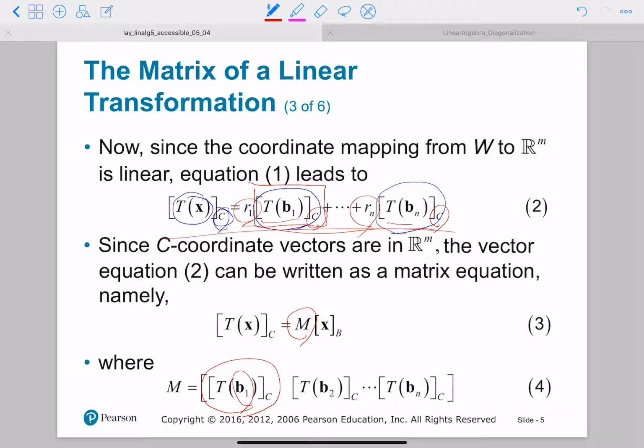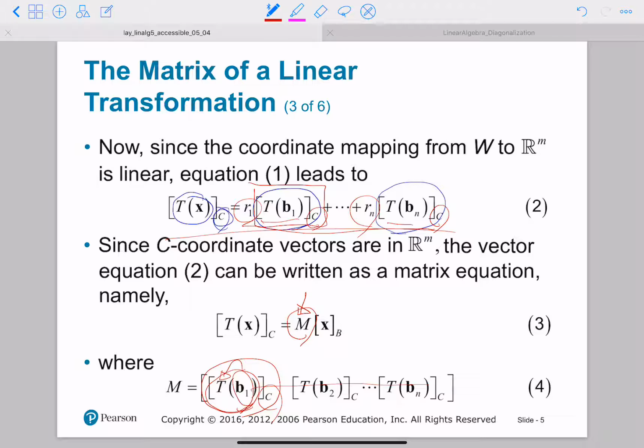Giving the input as B1, we linearly transform it using the same linear transformation matrix T, and then represent it in the C coordinate vector, and so on, right? And that is our new linear transformation matrix.